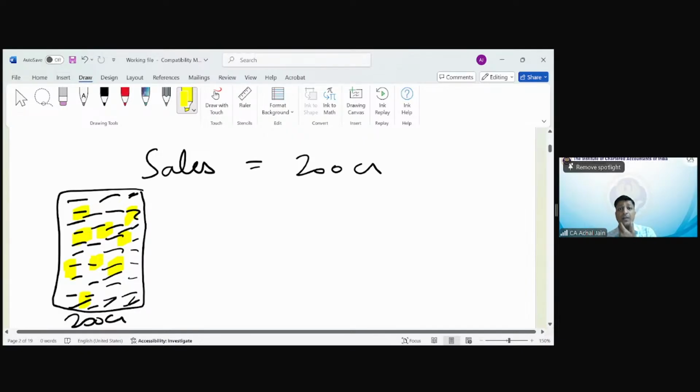Now there could be another approach which you can apply. What is it? Before getting onto your audit procedures, you are trying to understand the sales process. During your understanding of the sales process, you have got some insights about the sales of the company.